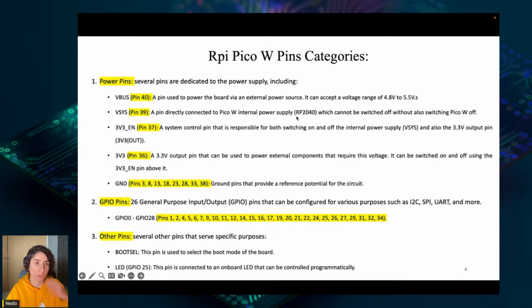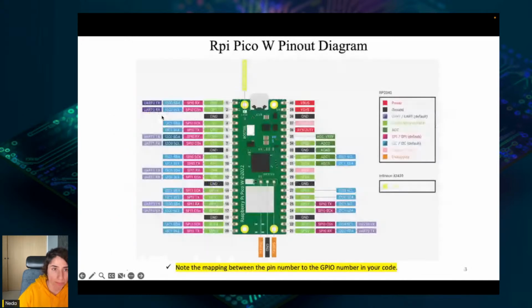And this RP2040, exactly the pin is connected to pin 39, and it cannot be switched off without also switching Pico W off. So this VSys here exactly is connected to your RP2040 pins internally.